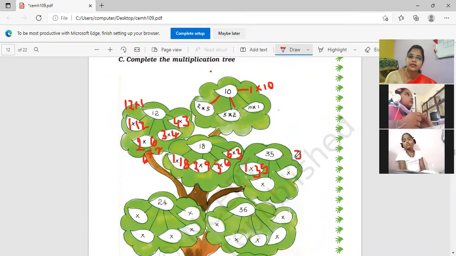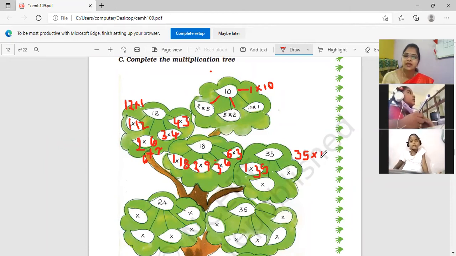In the 2 table, do you get 35? No, ma'am. 3 table. 3 tens are 30. Right? So we know only up to 10. So we will see it only up to that. So 35, leave it. Next, go to the 4 table. You don't get it. 5 table.